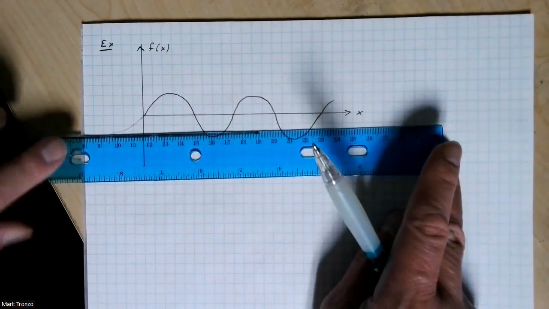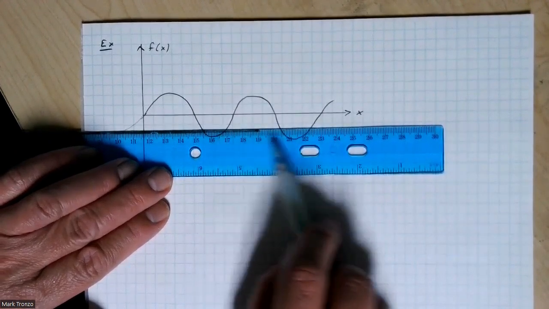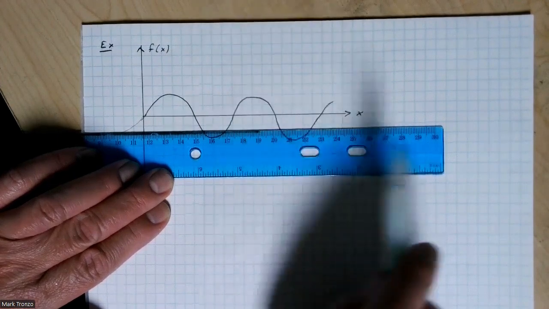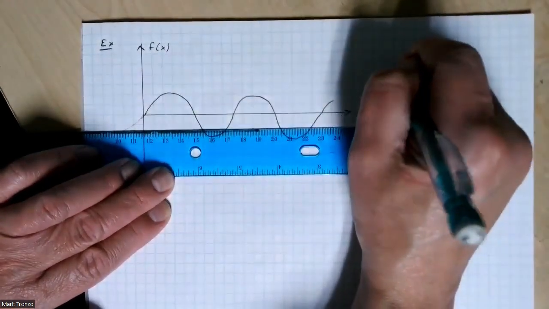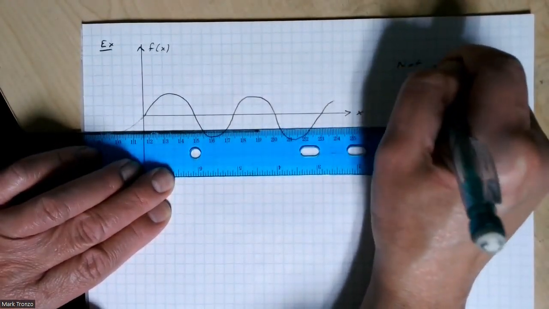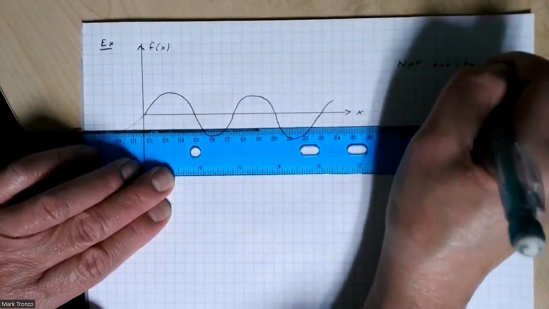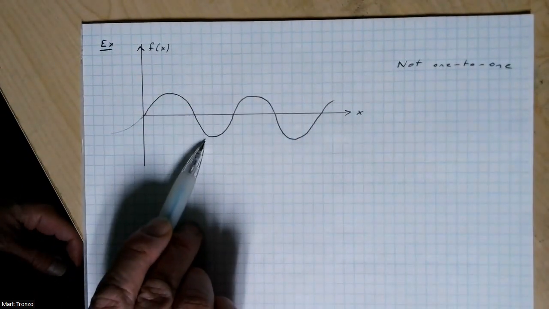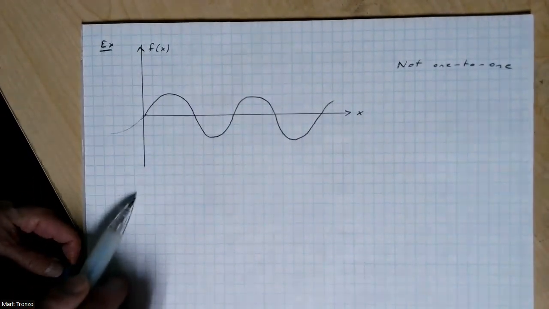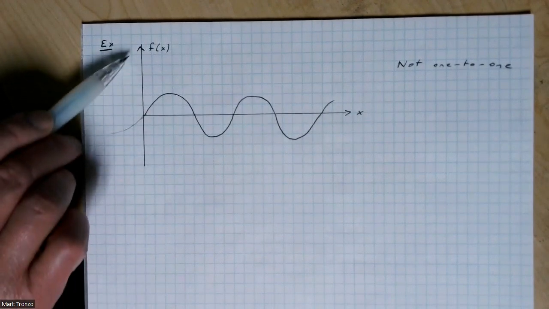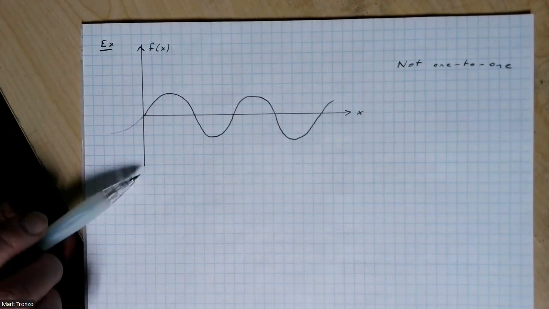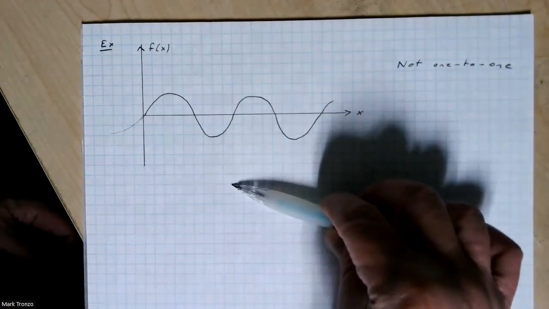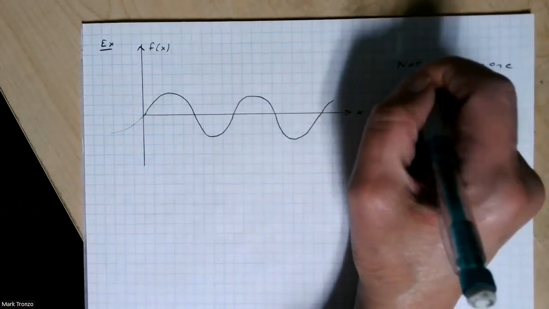If this was the only place where it crossed a horizontal line more than once, then that would be enough to say that it's not one-to-one. And also, you can see that it doesn't cover all the y values. If our codomain is, say, all real numbers, you can see it doesn't get anything above this or below this. So this is also not onto.